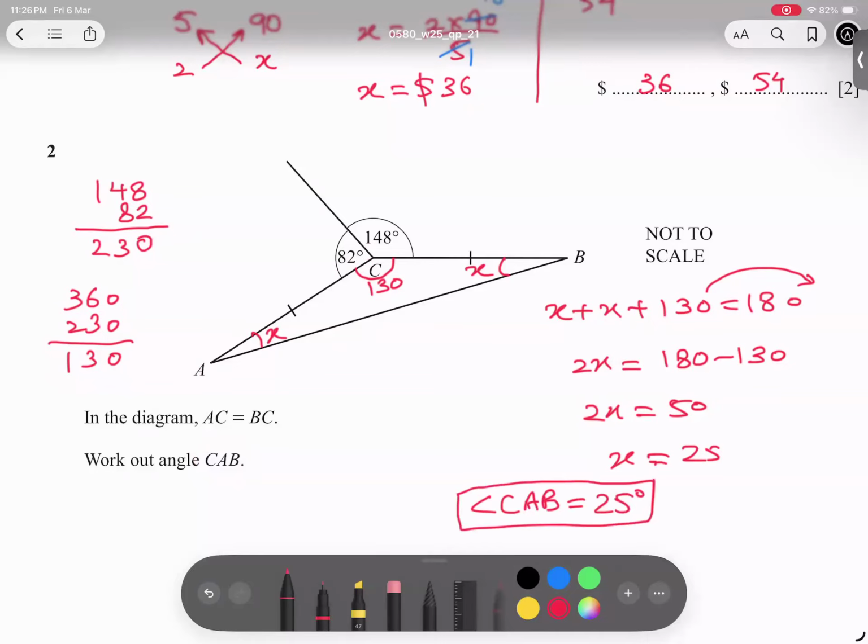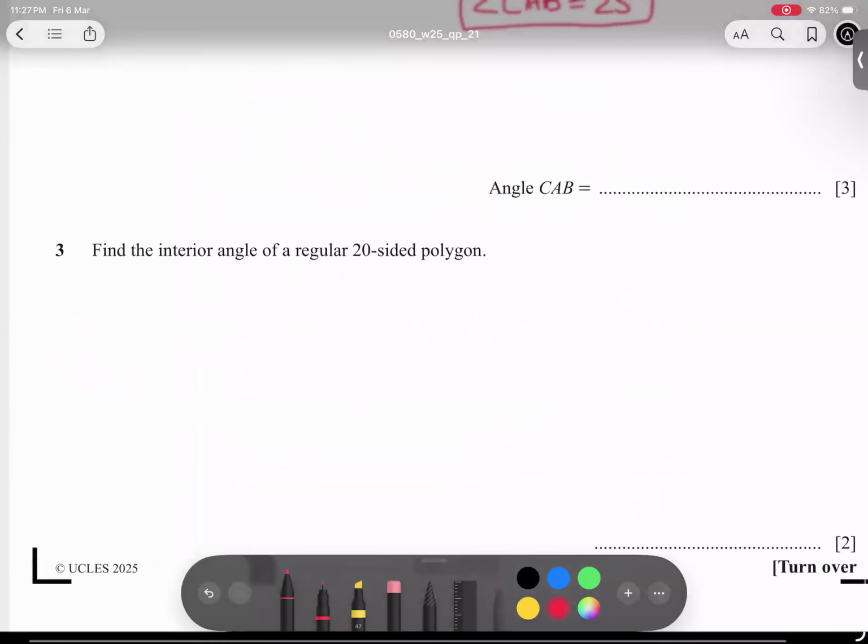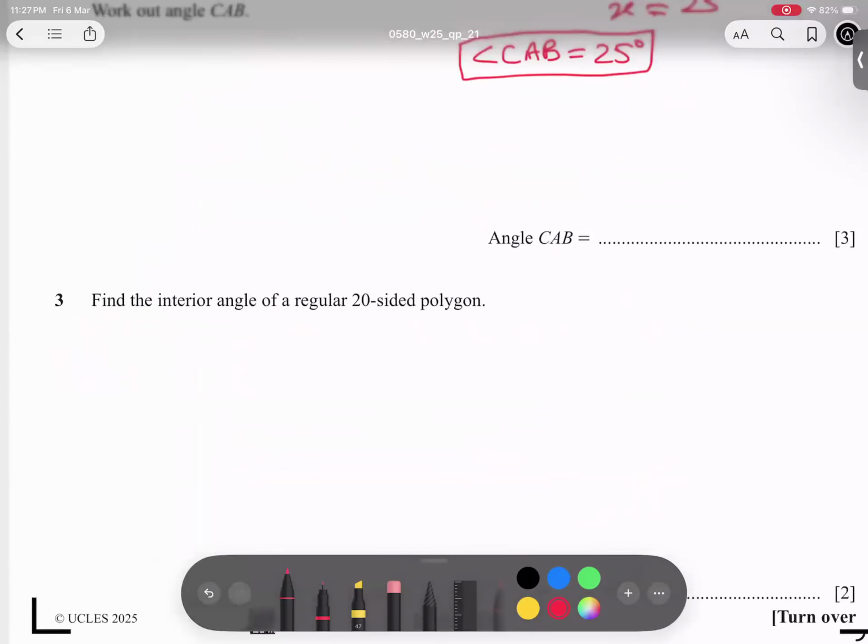I hope the concept is very clear. And let's go for the next question. The interior angle of a regular 20-sided polygon is what? So, students, interior angle, how to get it?